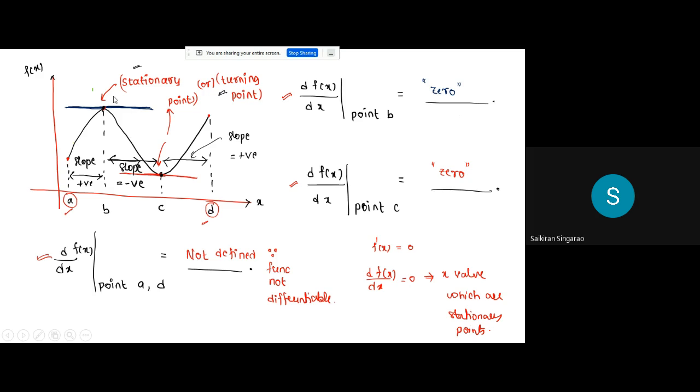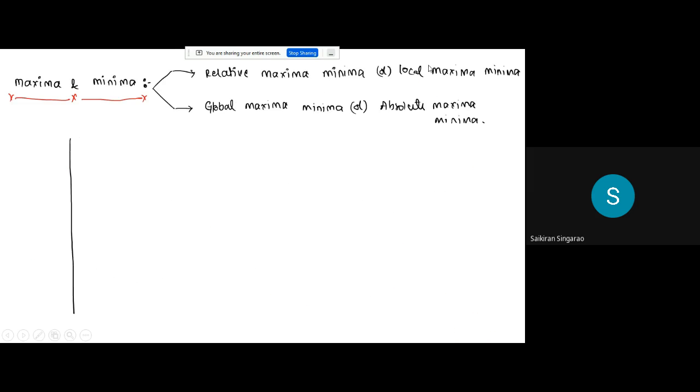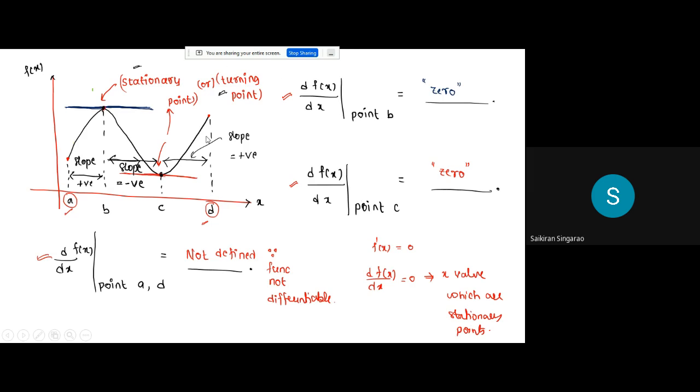Now can you just take a guess whether it is a local maxima or a global maxima? Maybe you do not know, but I am just asking you to take a guess. No, sir, all that is fine. I am just asking a simple question. Point B is a maximum point, and I am asking you to guess whether it is local or global. Local, right? Very good.